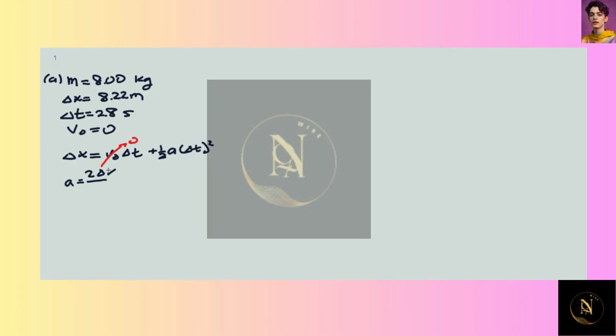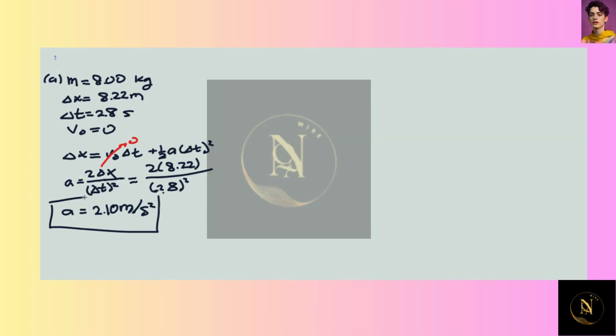Acceleration is 2 delta x over delta t squared. Plug in numbers. That's 8.22, and down here is 2.8 seconds. Plug in the numbers, and then we get 2.10 meters per square second. And this will be supporting evidence for our answer, so let's put a box around it.